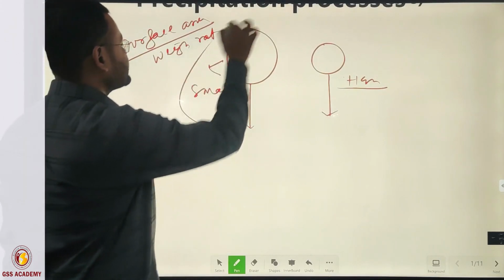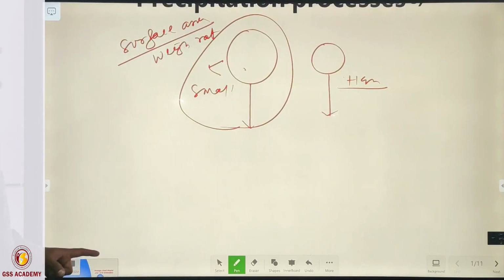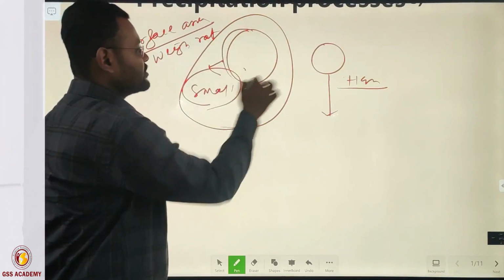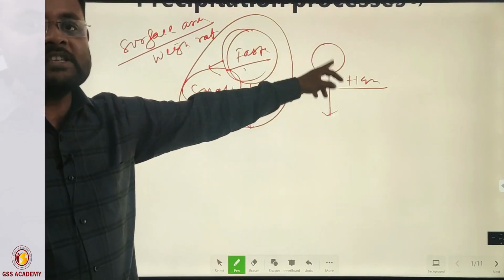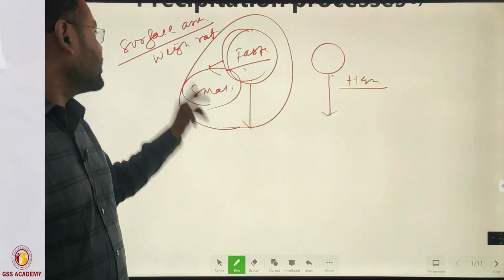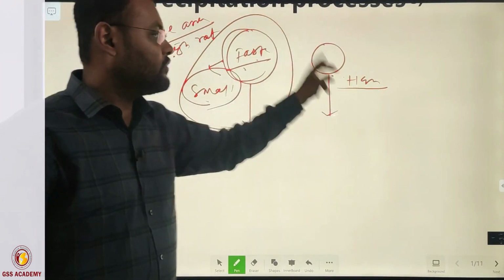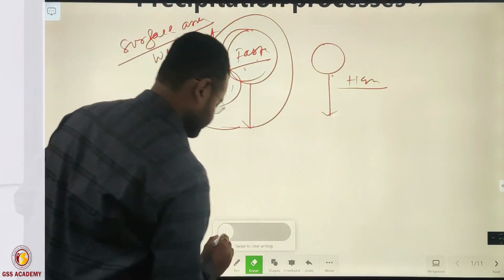Now due to this small surface area to weight ratio, please remember this one, this larger droplet will fall faster in comparison to the smaller droplet.